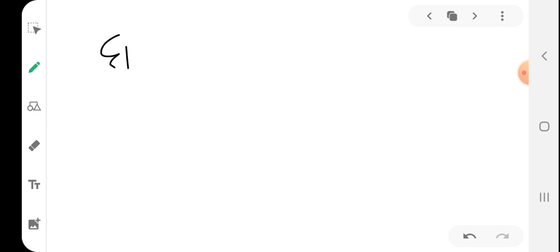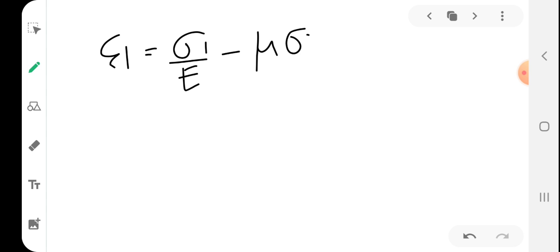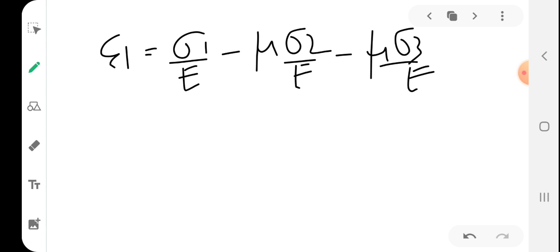Here epsilon 1, or epsilon x, can be written as sigma 1 by E minus mu sigma 2 by E minus mu sigma 3 by E, right?